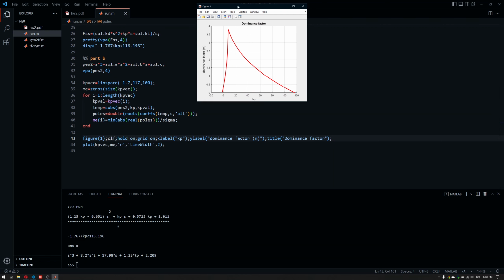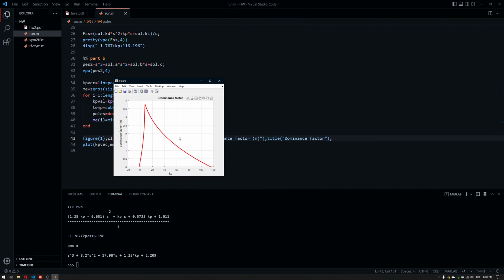Finally, now we can see that the dominance factor drops down to 0 here when we have the negative bound on stability, and then we have also again 0 if we look at the upper bound of the stability interval, and between these we can see that there will be a maximum point.